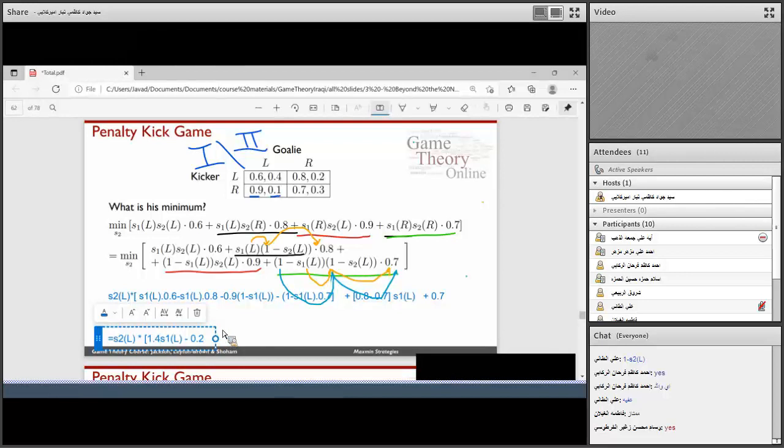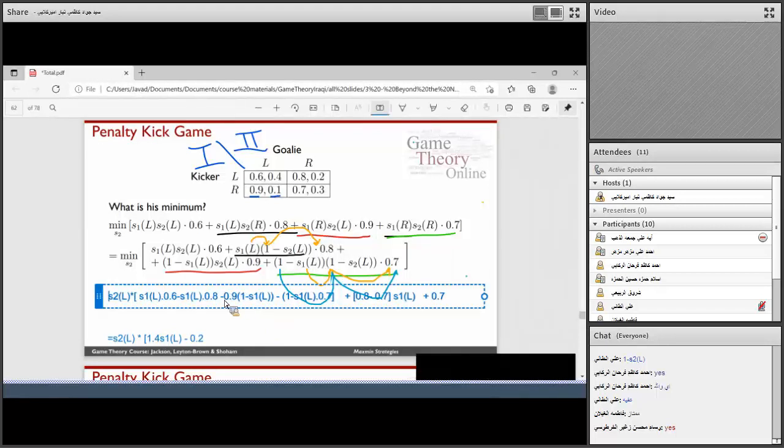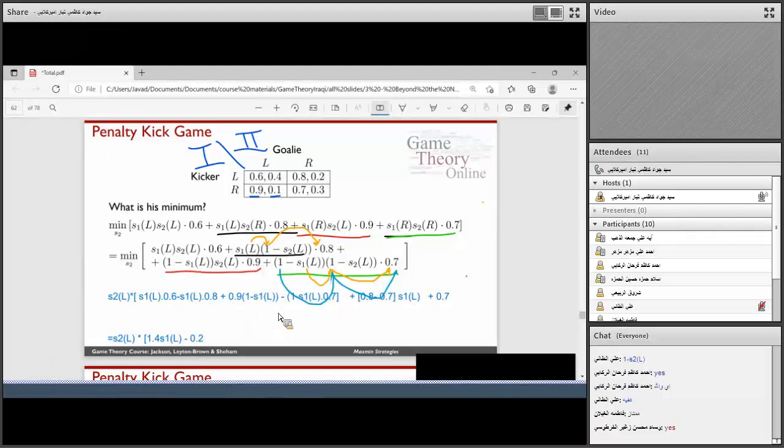All right, so I need to double check one more time. I'll start over. S2 of L times S1 of L 0.6, okay. S2 of L times minus 0.8 S1 of L, that's right. S2 of L times 1 minus, okay. That's what I got. So plus 0.9 times 1 minus S1 of L, that's right.